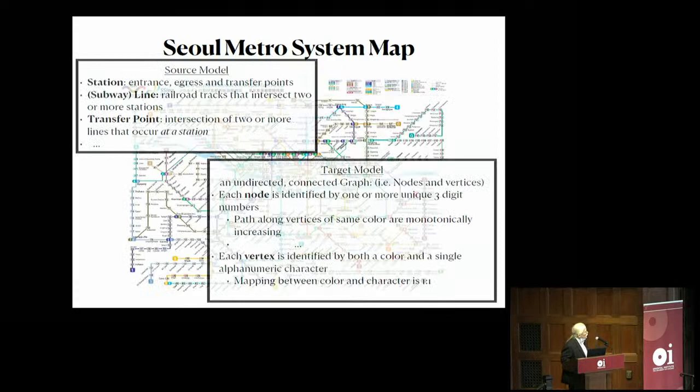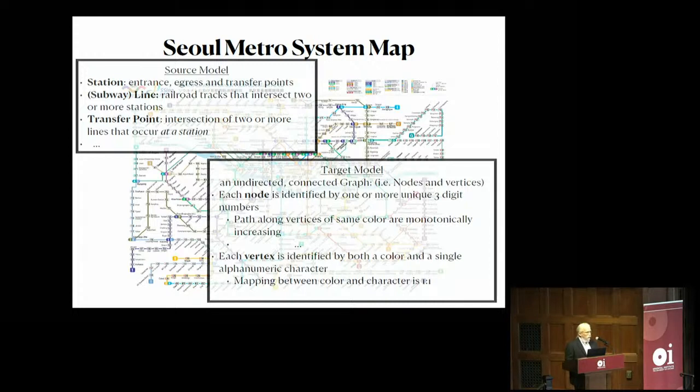So what happened here is that we had 2 models. We had a source model of subway entrances, exits, lines, transfer ports, and all that stuff. And we had a very simplified target model. It was an undirected, connected graph, with each node identified by a number.